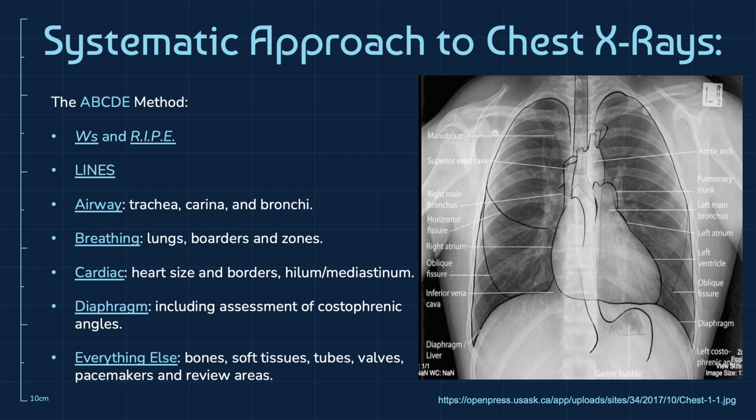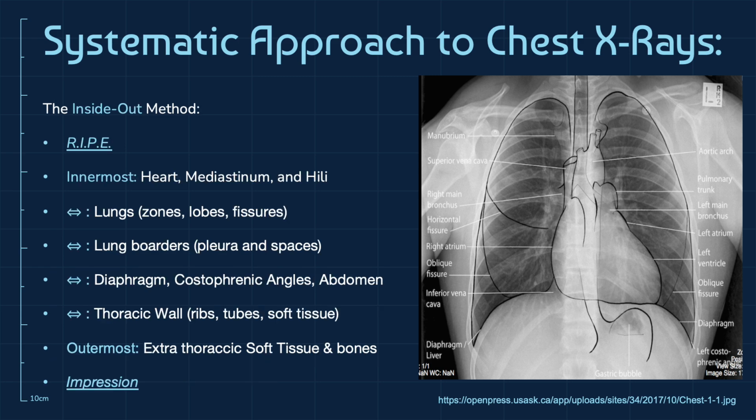And for some of you who may be curious what the inside-out method is or the outside-in and what they may entail, again, after answering your W's and determining the adequacy of the chest X-ray, you start with the innermost organs, such as the heart, mediastinum, and hilum, and then you start moving out toward the lungs. You look at their zones, their lobes, their fissures.